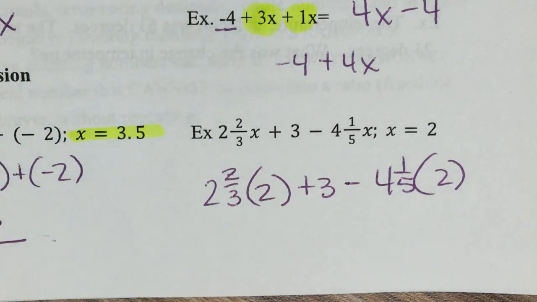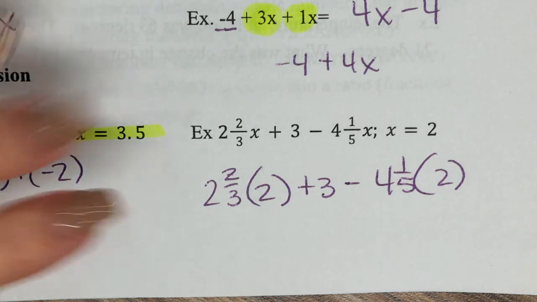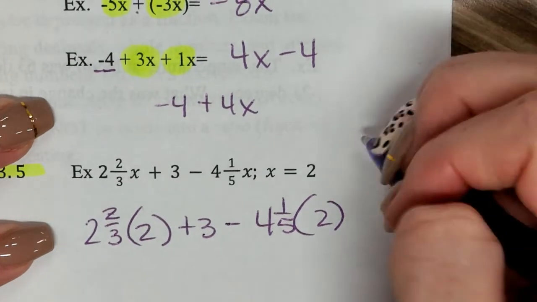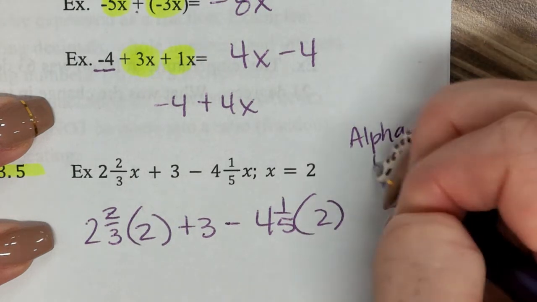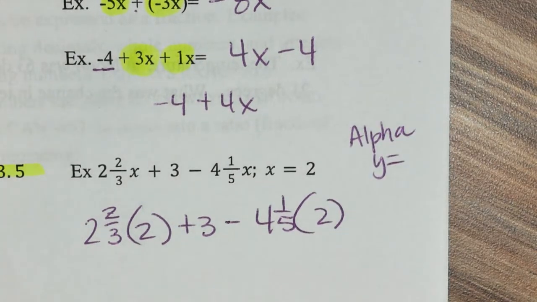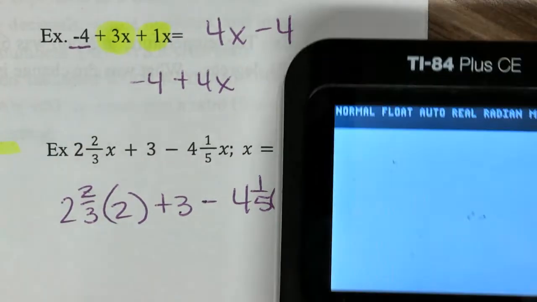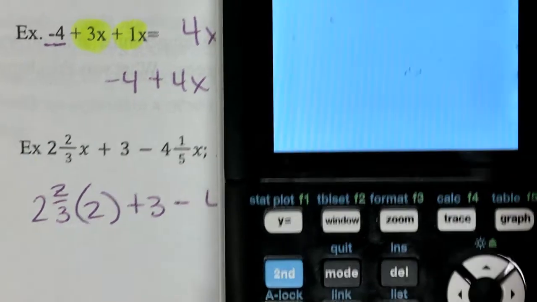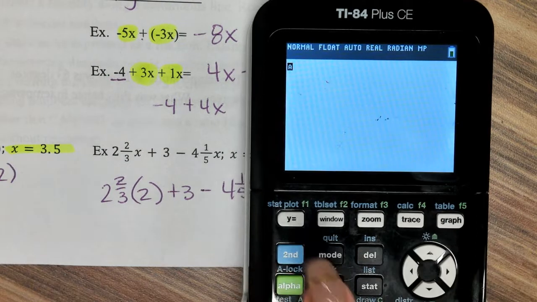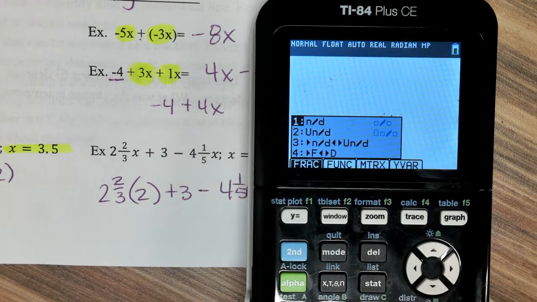Now, on your calculator cheat sheets that I gave y'all, the green sheets, right? It tells you, you don't have to get it out, but just so you know, it tells you how to put in fractions. I'm going to show you right here, if you want to write it, you're going to use alpha y equals. So everybody get your calculator and push the green alpha button, and then hit the top left y equals button.